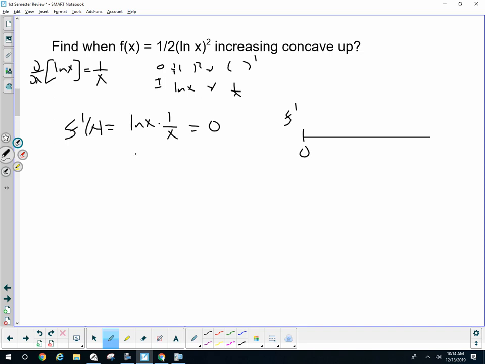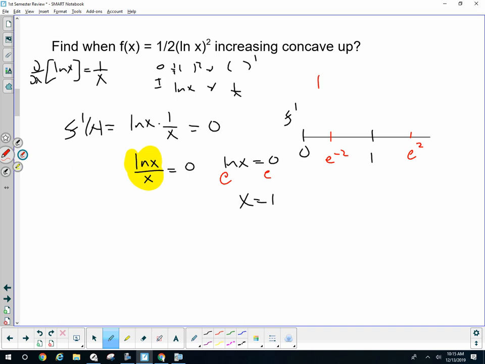So, when does log x over x equal 0? I don't have to worry about the denominator. When does log x equal 0? I can take e to the power of both sides to figure out x is 1. That's great. Here's 1. But now it's like, what values do I plug in here? Because I don't necessarily know when log is positive or negative. Pick e to a power, like e squared or e to the negative second.